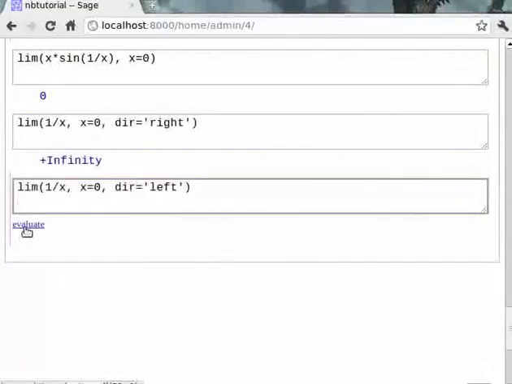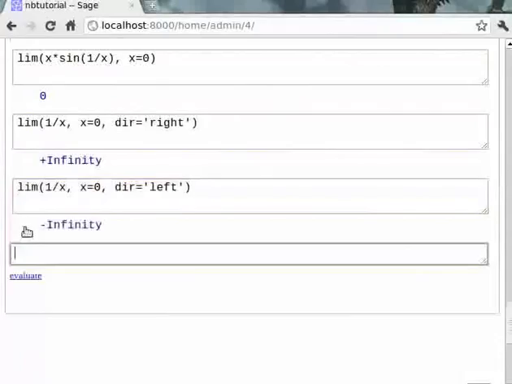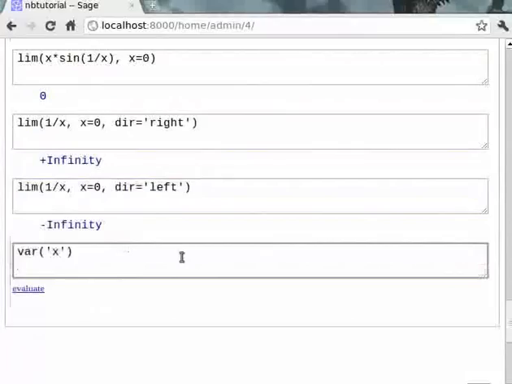Let us see how to perform differentiation using Sage. We shall find the differential of the expression exp within brackets sine into x square by x w dot r dot t x.